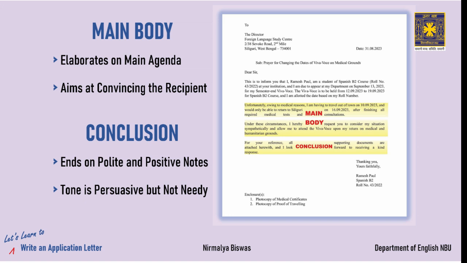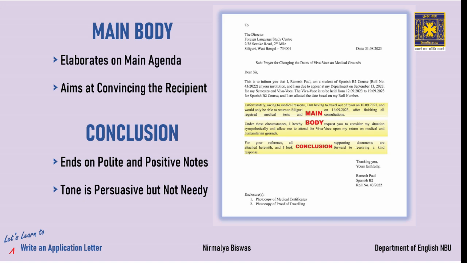You can see in the main body of the sample letter how Ramesh clearly explains his inability to appear in his Viva Voce exams on a certain date due to his medical emergency. He has already explained the context in the introduction part, and now he is building upon that and presenting his argument in favor of his demands or request.